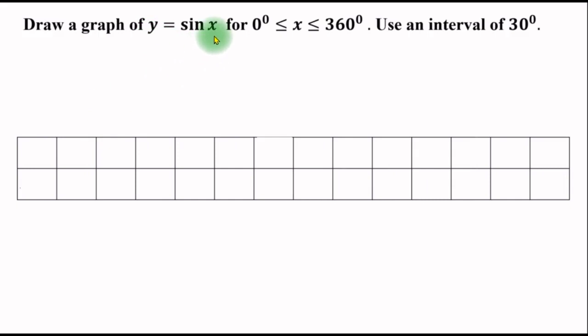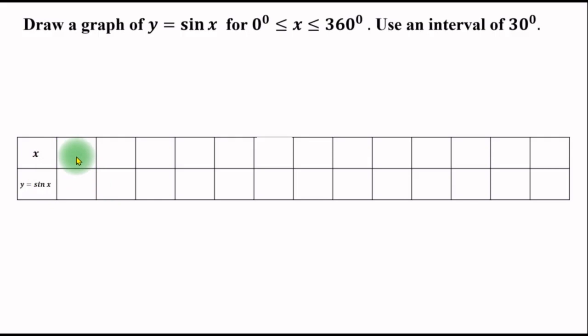So we are going to have values for angles. That's the row for angles. Here we have x, and then y equals sine x. This is what we need to find.